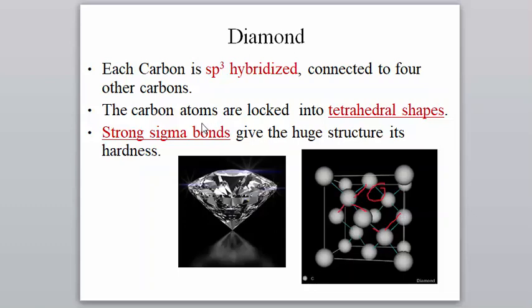These are very strong sigma bonds, so macromolecule is a really good description, although most people will use network covalent solid. So these are your intermolecular forces, and they become your intramolecular forces as well.